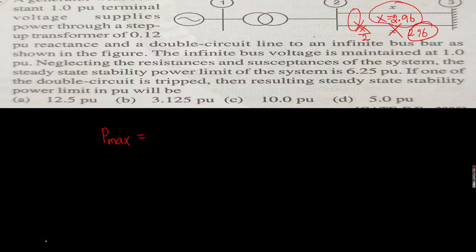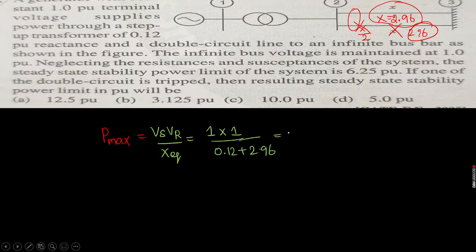Now the new maximum power transfer ability of the transmission line will become, once again, sending end voltage into receiving end voltage divided by the new reactance. Sending end voltage as usual 1, receiving end voltage as usual 1, divided by total reactance, which will become 0.12 plus 2.96. Directly we can write. So what is the answer of 2.96 plus 0.12?